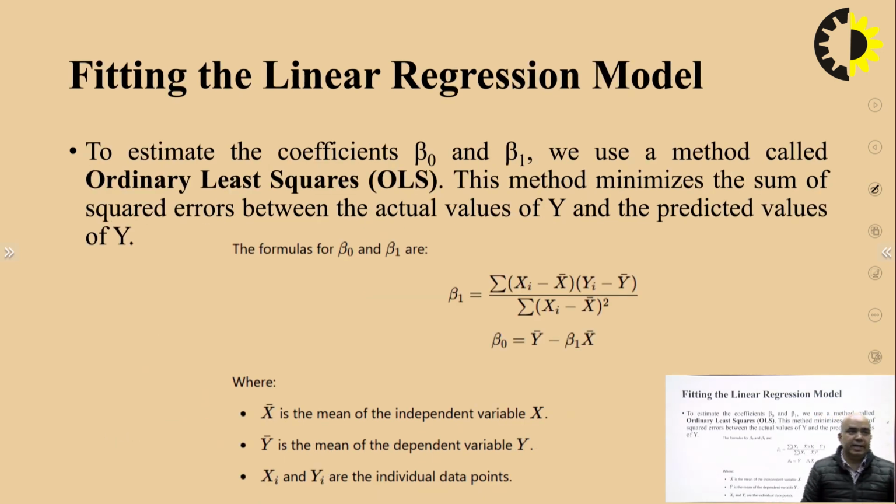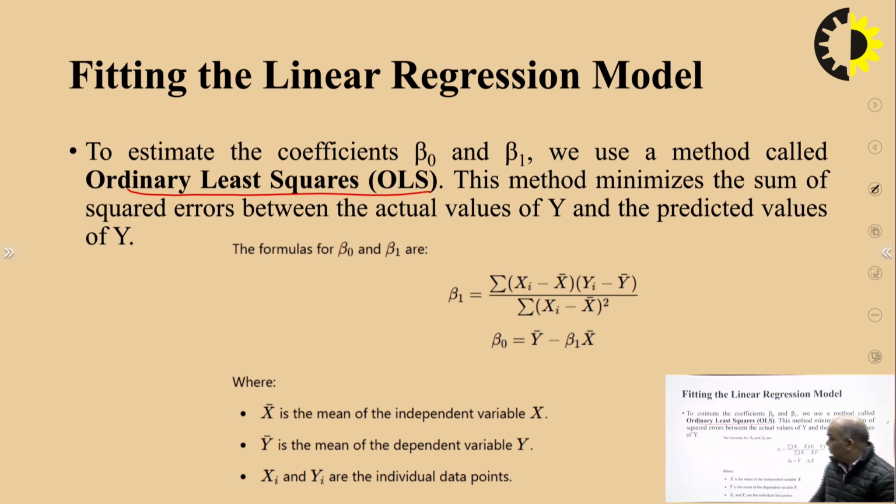In order to fit the linear regression model, to estimate the coefficients beta naught and beta 1, we use the method called ordinary least squares. This method minimizes the sum of the squared errors between the actual values of y and the predicted values of y.